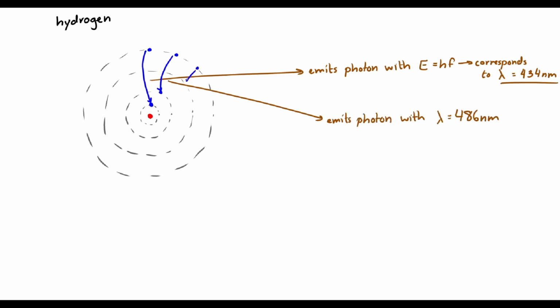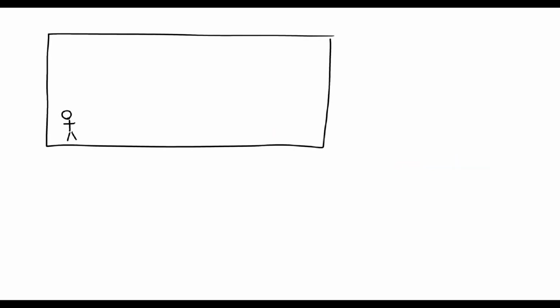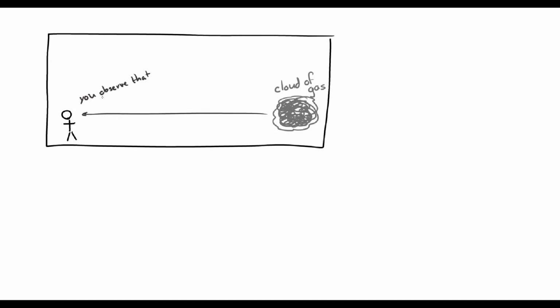The power of this, and the reason why this is important, is that if you were to look at a cloud of gas that's on the other side of the room, and it was emitting three specific wavelengths. Let's say you look at the gas and it's emitting 656 nanometers, 486 nanometers, and 434 nanometers. Then you know for a fact that that gas cloud contains hydrogen.